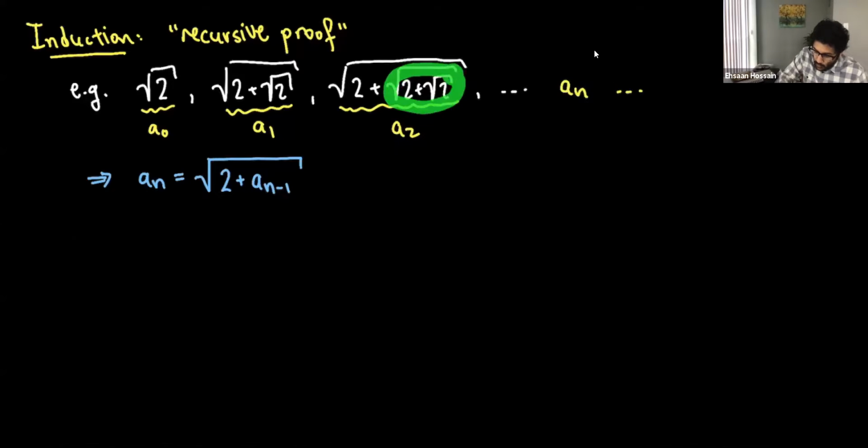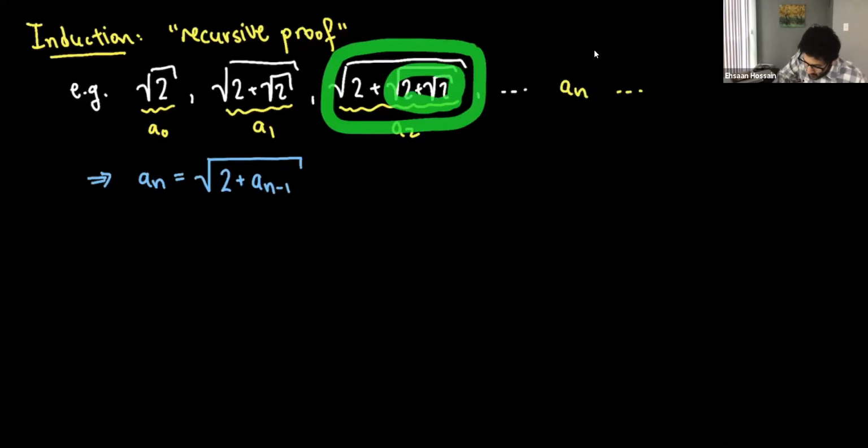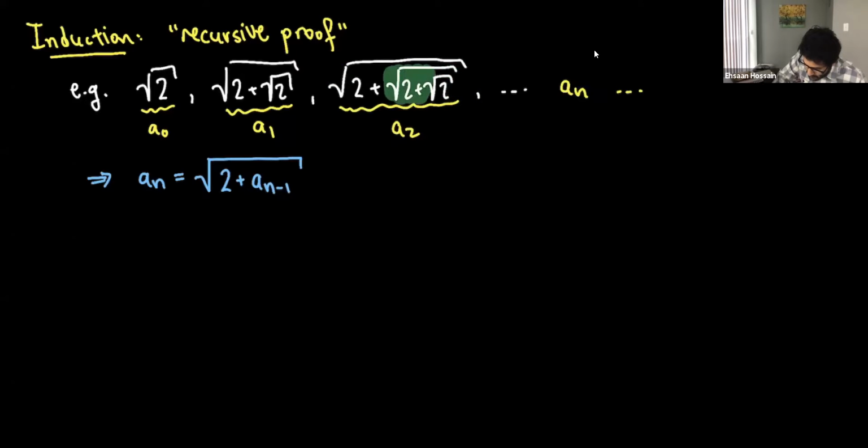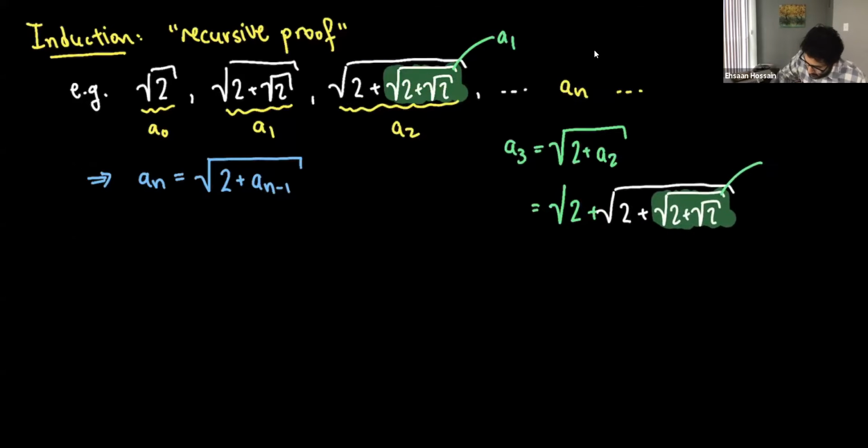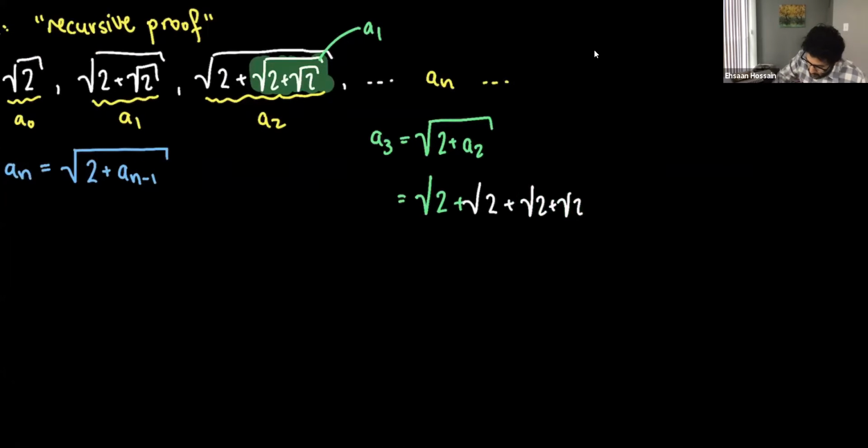This is A1, and in this expression for A2, I have A1 inside it. If I wanted to write down A3, it would just be the square root of 2 plus A2, which would be the square root of 2 plus this whole thing.